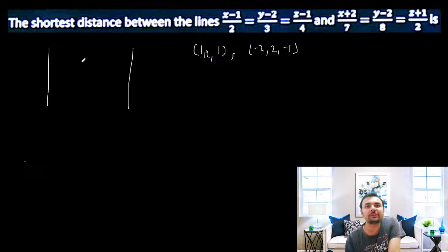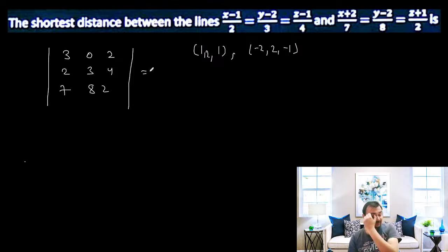If we calculate this distance vector, it is (3, 0, 2), and we have the direction (2, 3, 4) and (7, 8, 2).